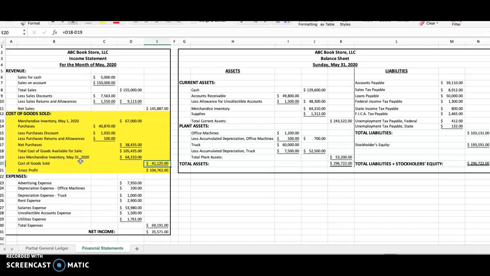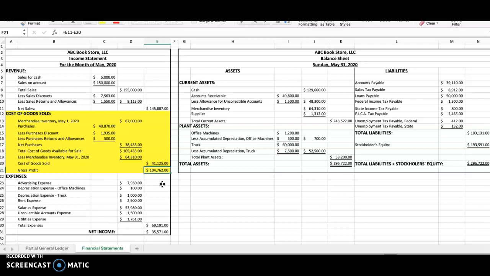Then, one more little calculation here. We will subtract, and we've done this part before, the cost of goods sold from the net sales. Those two numbers are subtracted, and we get gross profit of 104,762. So that's the middle part now of the income statement. At the very beginning, we simply subtracted all the expenses from all the sales, and we got net income.